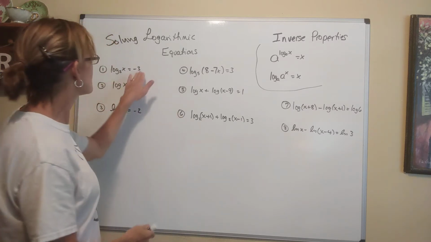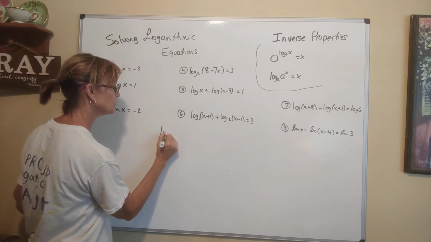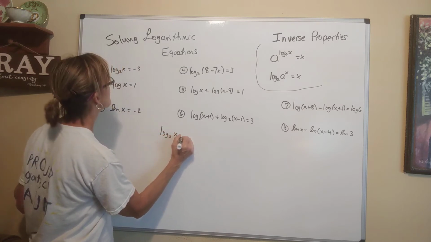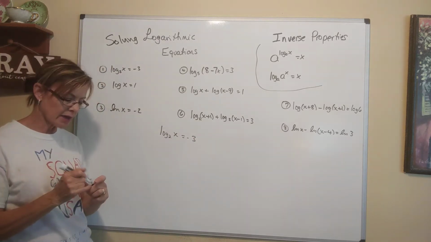So let's just take number one. Number one is this: log base 2 of x is equal to -3. I'm trying to solve for x.